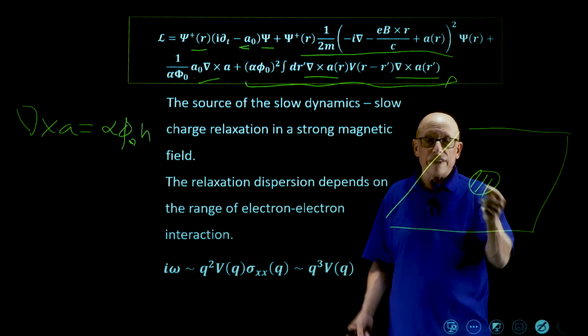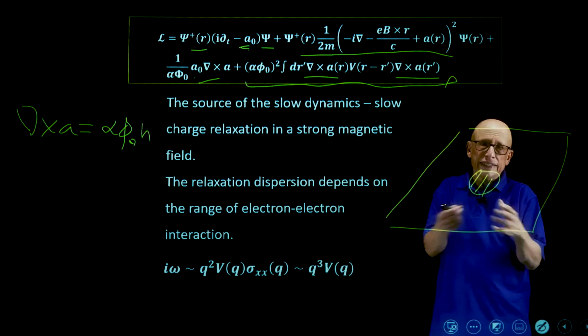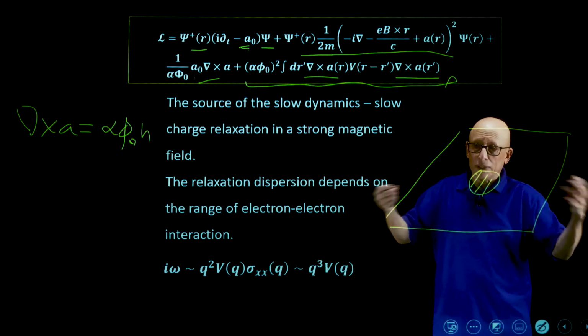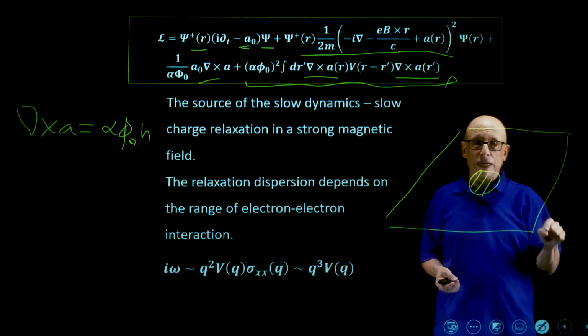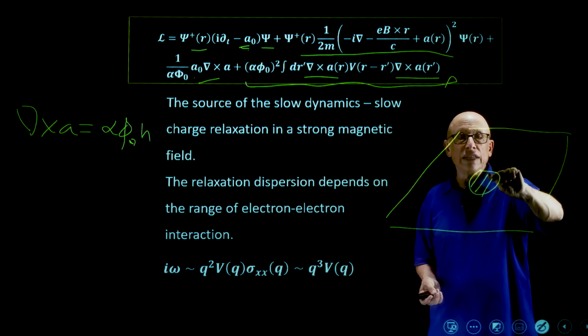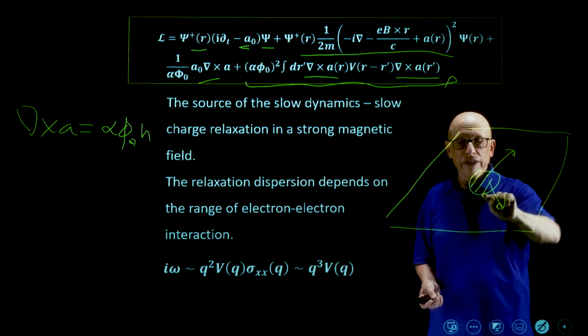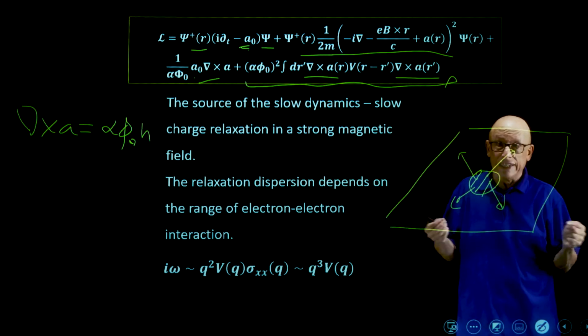Well, why would this density relax at all? Densities in matter, in compressible states, always relax. This is sometimes known as the Maxwell relaxation mechanism. And the reason for that is, it's a density, so it creates an electric field, a radial electric field. The radial electric field creates a current.